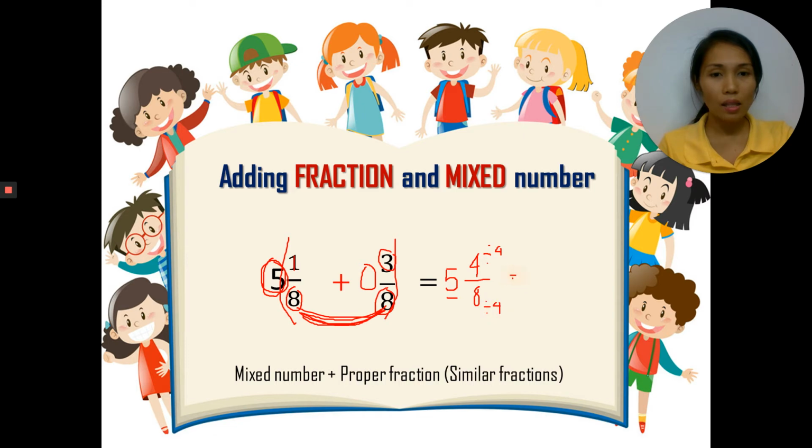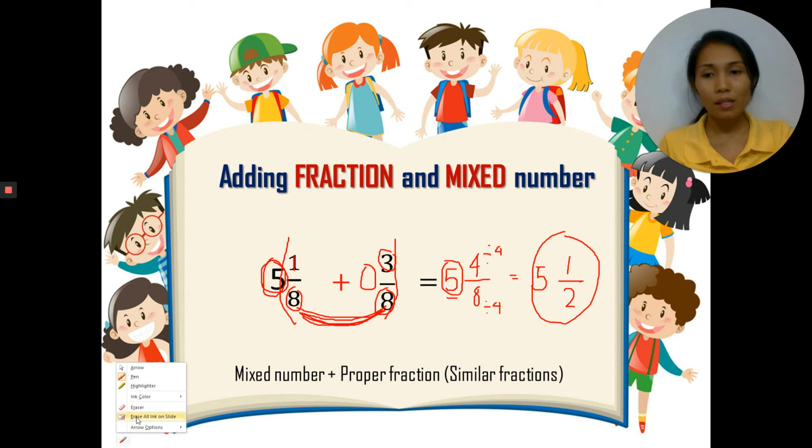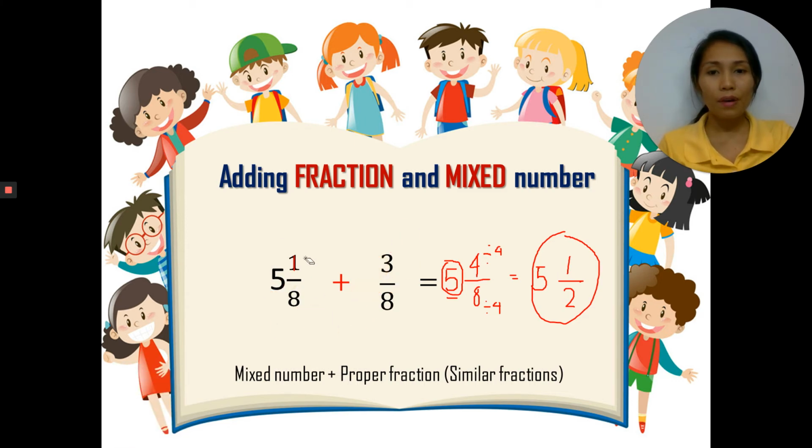Okay, so we got, copy the whole number 5, and then 4 divided by 4 is 1, 8 divided by 4 is 2. So our final answer is 5 and 1/2. That means in here, 5 and 1/8 plus 3 and 1/8 equals 5 and 1/2.